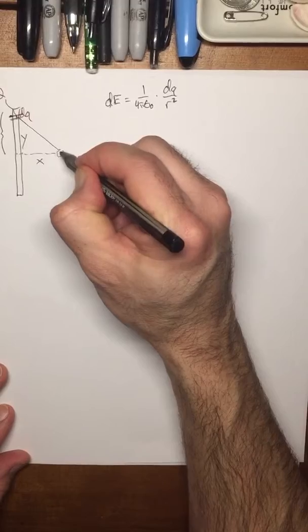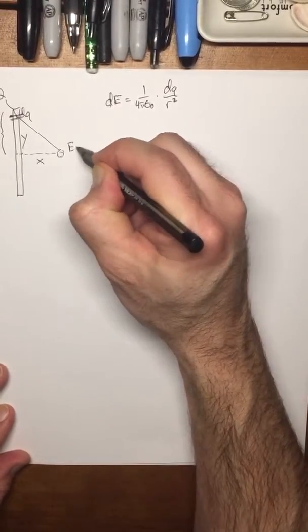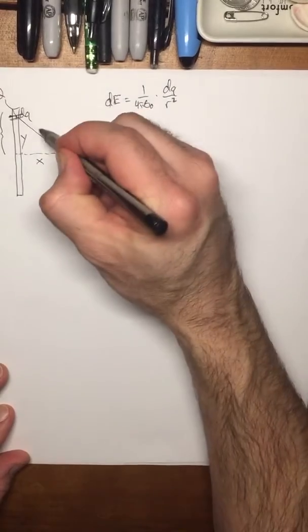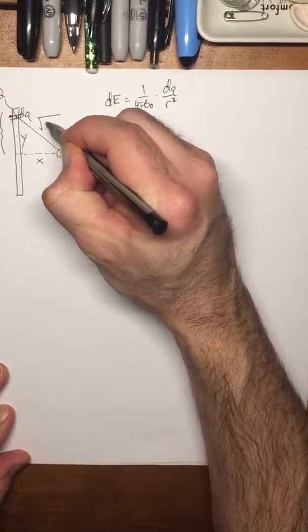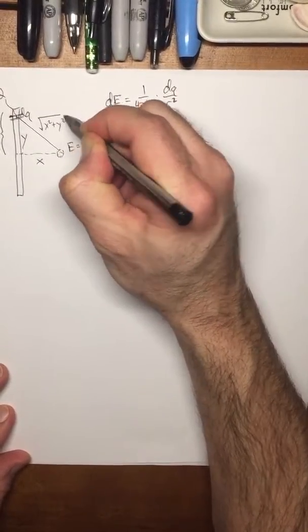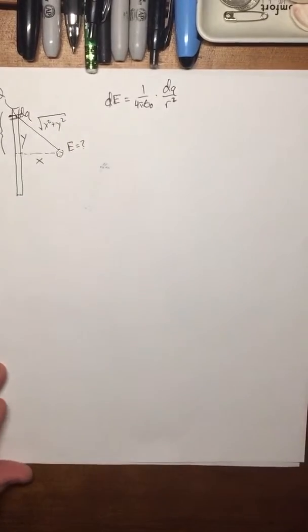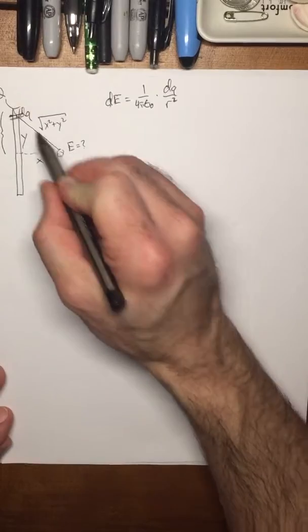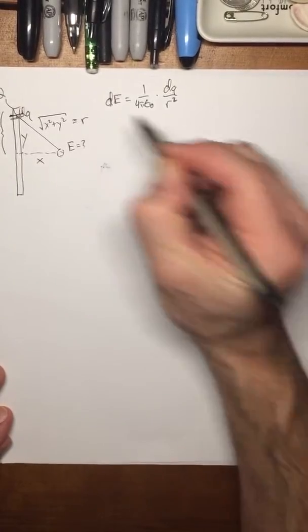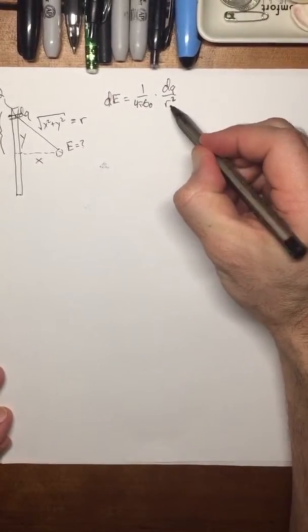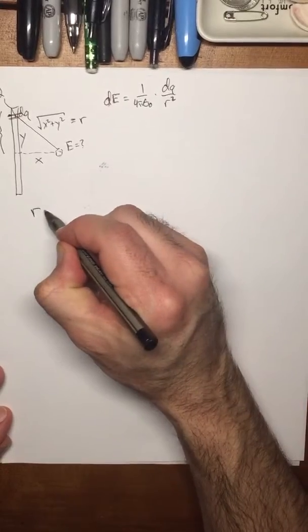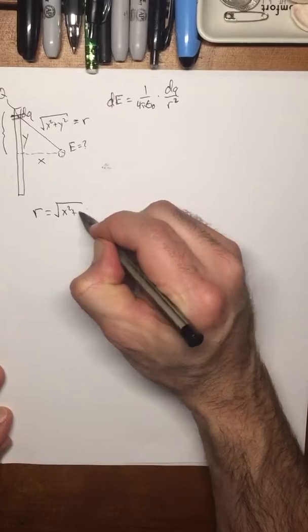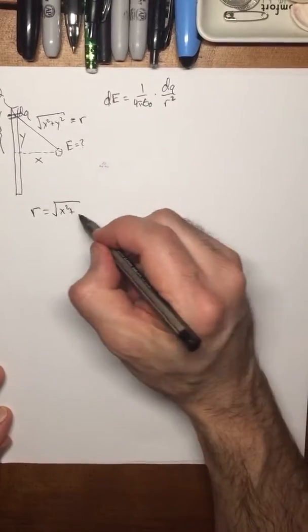So that makes the distance between the point where we're looking for the electric field and that little piece of charge dq the square root of x squared plus y squared. All right, so this is what we can define as r. That'll go in here. r is the distance between dq and the point we're looking for the electric field.